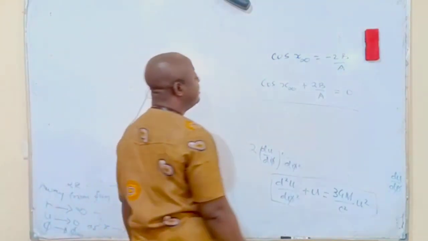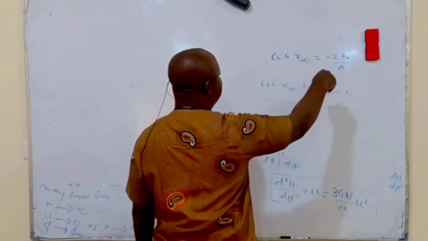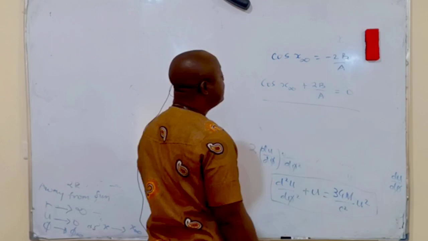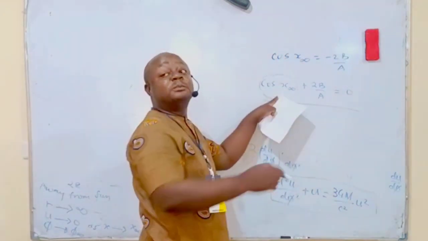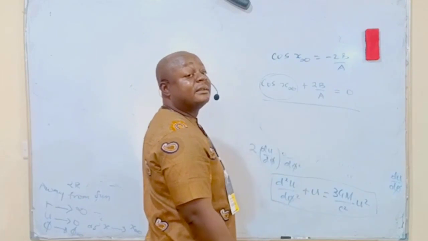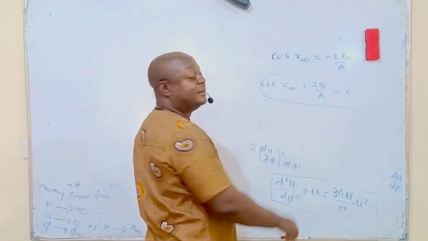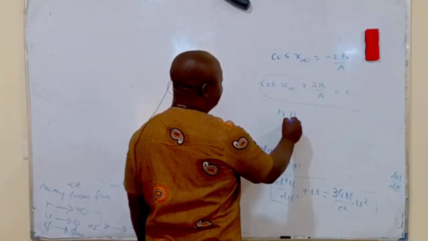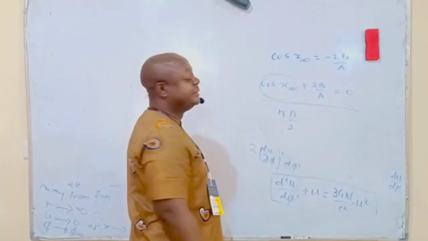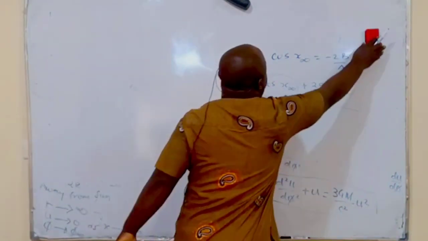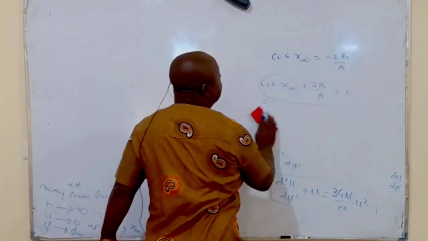But you are going to have some pi over 2 plus, because this will only be 0 if this is pi over 2 plus something, maybe multiples of pi over 2. That's what will give you 0 here. So it's something like that.